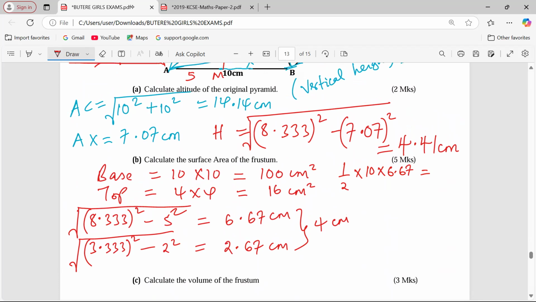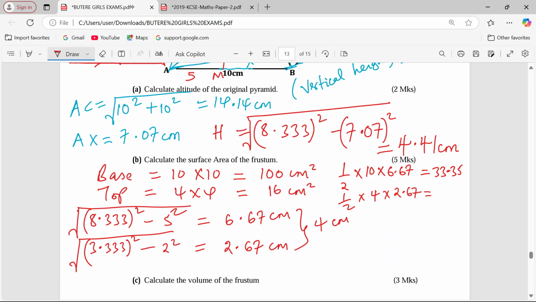What will this give us? This gives us 33.35. Then we subtract half multiplied by a base of 4 times a height of 2.67.